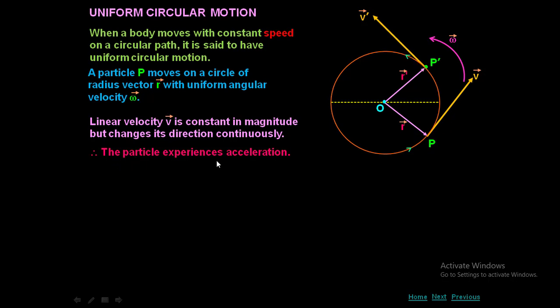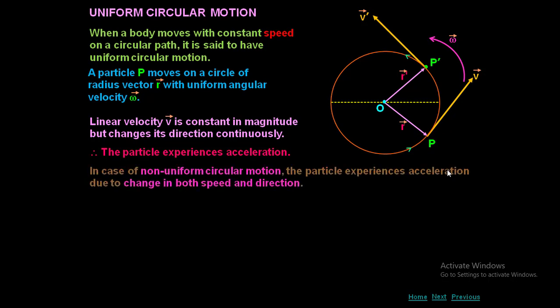Therefore, the particle experiences acceleration, because we have learnt in third chapter that whenever a body changes its velocity, it can change in three ways. Number one, when its magnitude changes; number two, when its direction alone changes; number three, when both the magnitude and direction change. Here, as the direction of the velocity of a particle changes, there is change in velocity. So there is acceleration.